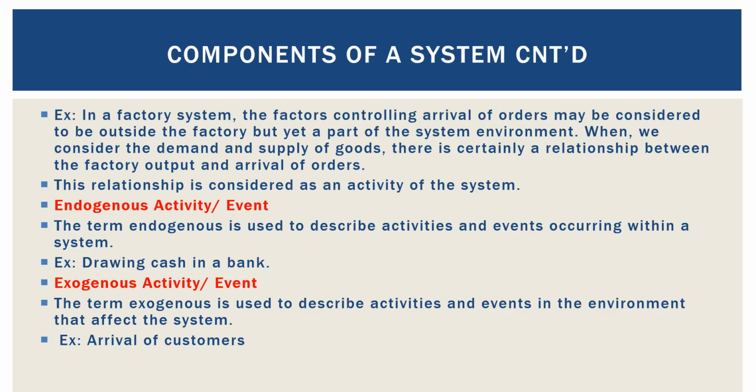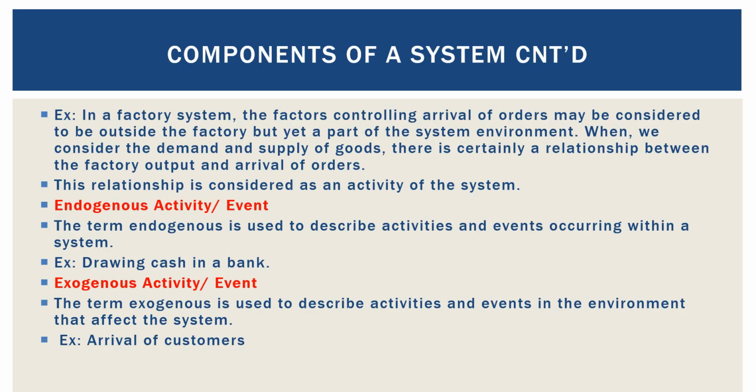If an event occurs within the system boundary, not from outside it, it becomes an endogenous event. For example, drawing cash in a bank. Obviously, you cannot draw cash while you are outside the bank. Of course, you might draw from an ATM, but if you are drawing from the cashier at a counter, it is an event that is happening inside a banking environment. We call that an endogenous event.